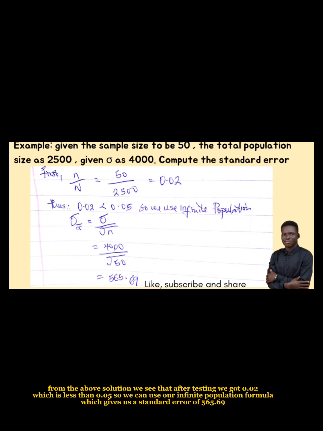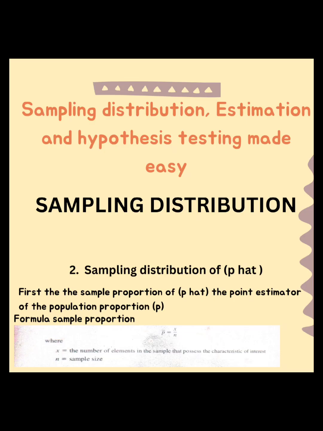From the above solution we see that after testing we got 0.1, which is less than 0.05, so we can use our infinite population formula, which gives us a standard error of 565.69.